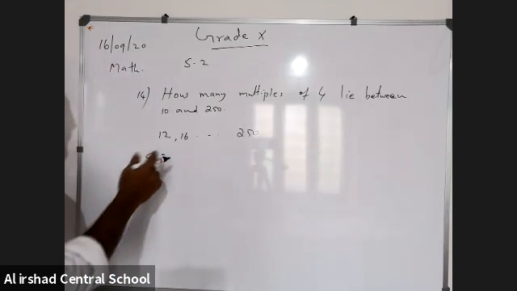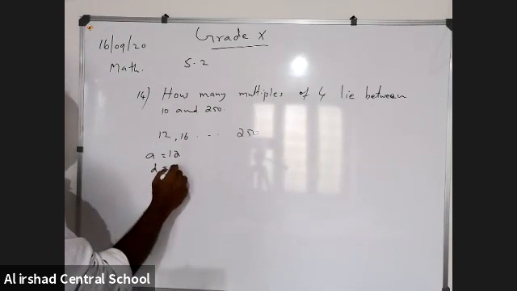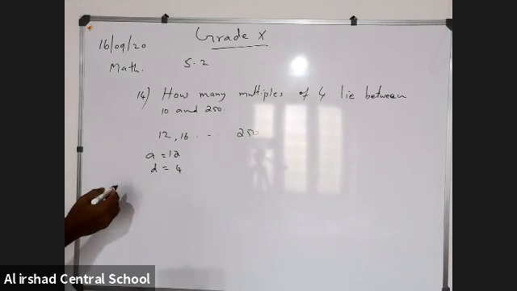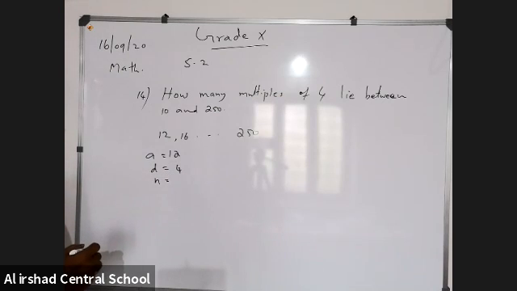You did this one, A is equal to 12, D is equal to 4. Then you apply the formula and we have to find out N, how many multiples.